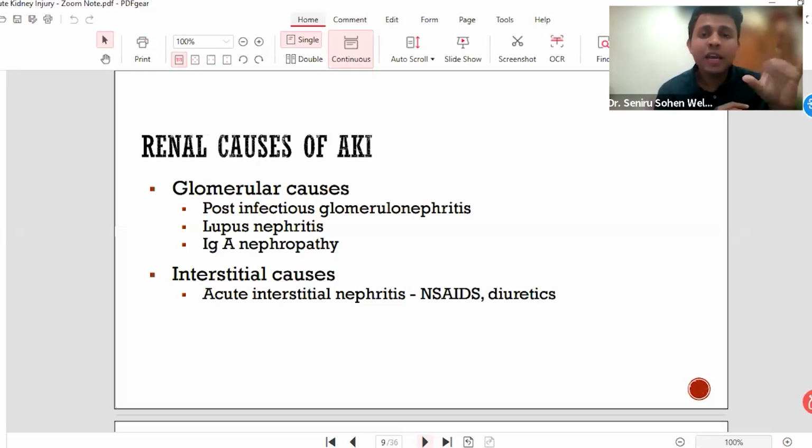So we have the vascular causes, the glomerular causes, the tubular causes, and then the interstitial causes. When you have inflammation in the interstitium, this is called interstitial nephritis, and this is mostly drug related. You can have problems in kidney function.